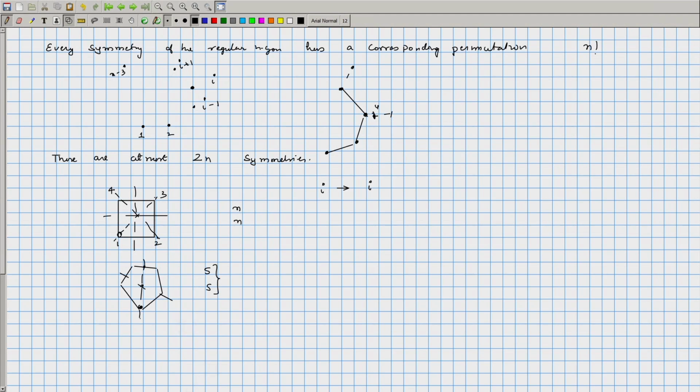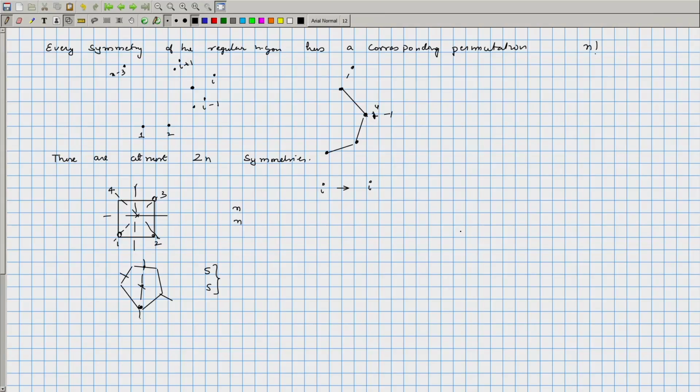So, here 1 and 3 are going to be fixed when you flip about that particular axis. Okay. And here when you flip about this axis, you can say that there is an exchange between 2 and 1, whereas in rotation there is no exchange of elements, and the elements get moved by more than a distance of 2.